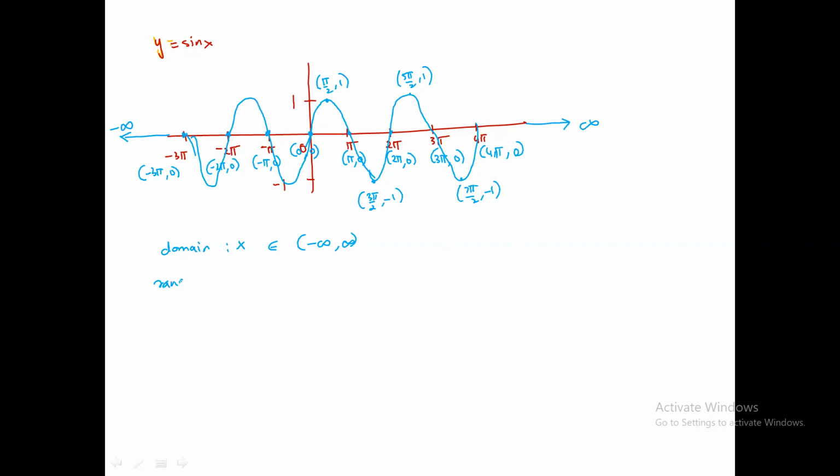Then the range, that means the y values. You can see the graph goes down to minus 1 and up to 1 only. That means the graph is going from minus 1 to 1. This is the range for the sin x graph.